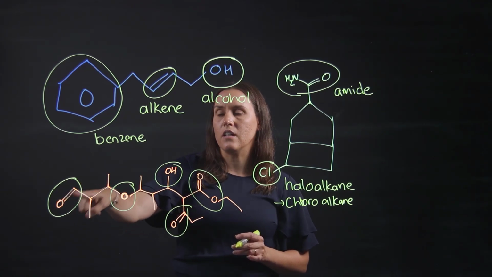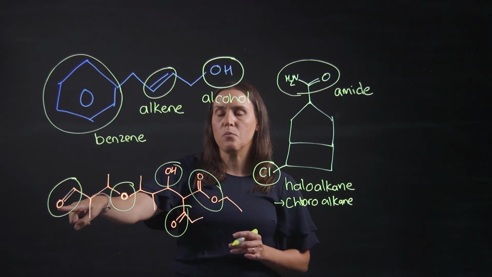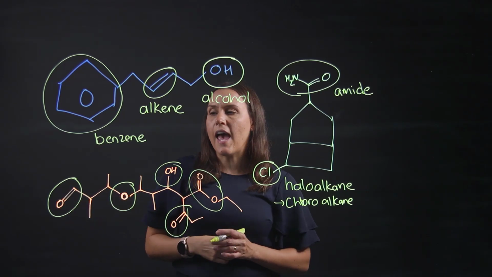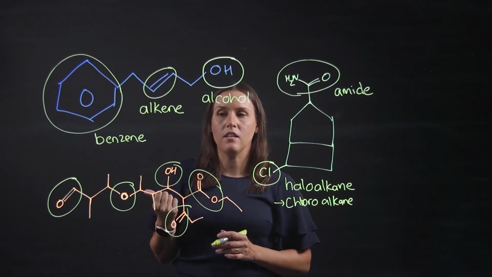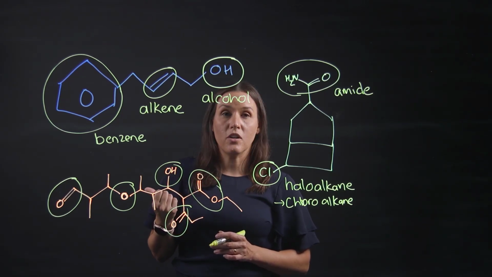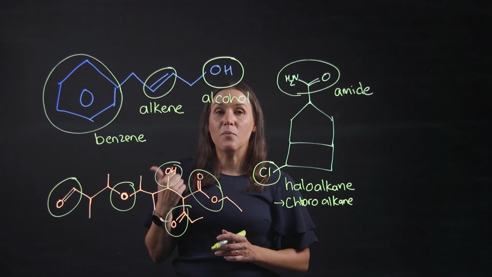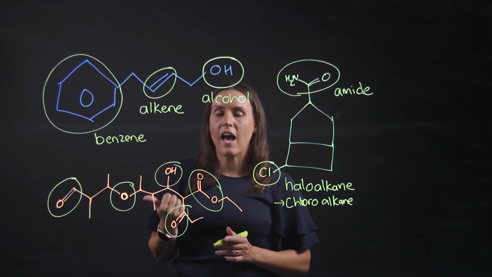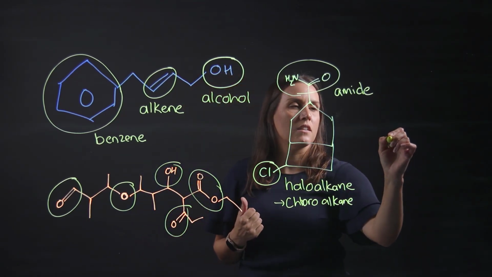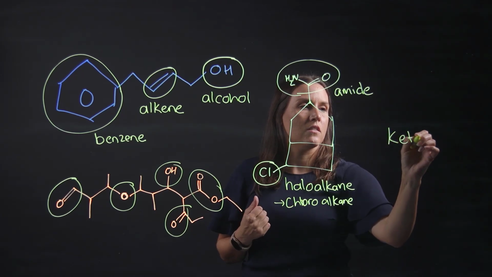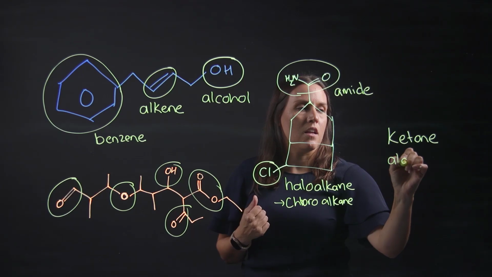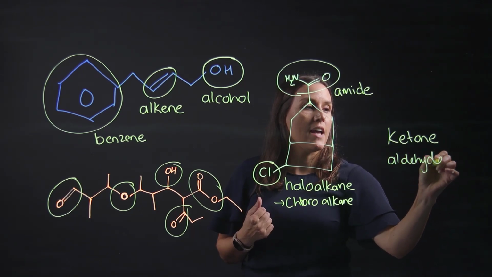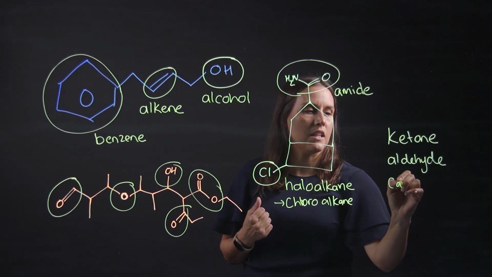So we've got a carbonyl, so a carbon that's double bonded to an oxygen, and the carbonyl containing functional groups, we've got an alkene. No, we don't have an alkene. So the carbonyl functional groups we have are a ketone, we have an aldehyde, and we have a carboxylic acid.